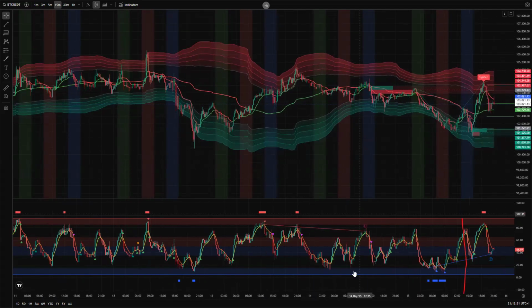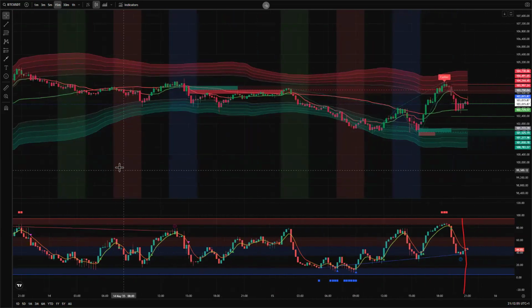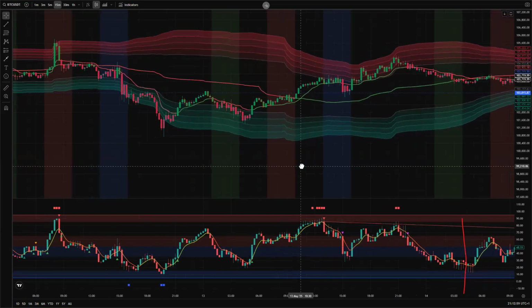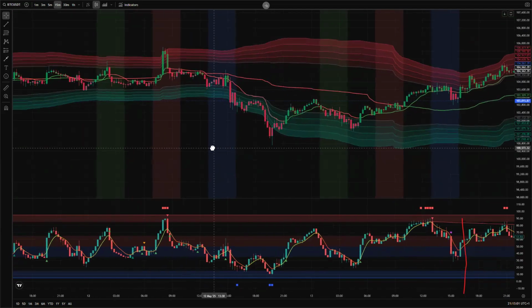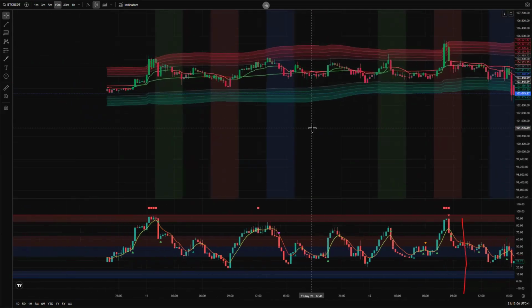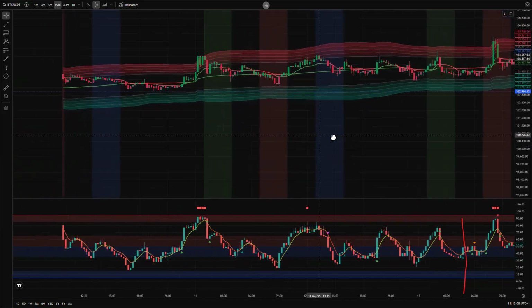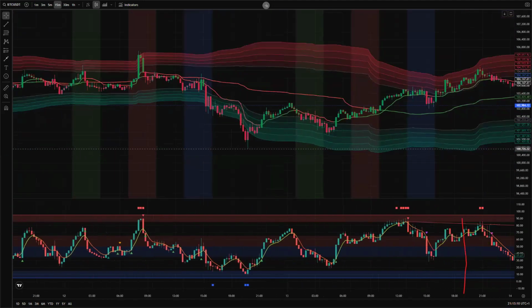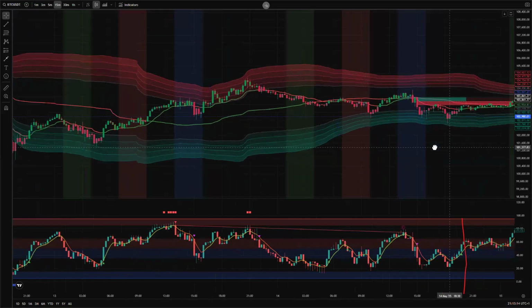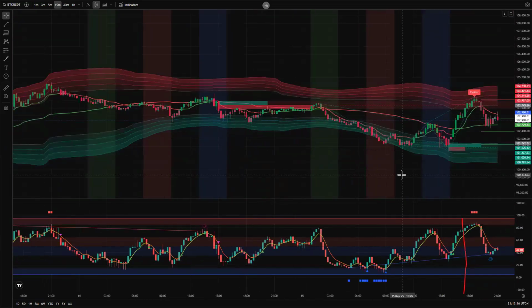Let me see if I can find one, because once a trade has passed, it has passed. But probably if you find it, maybe you're about to take a trade and you see it.